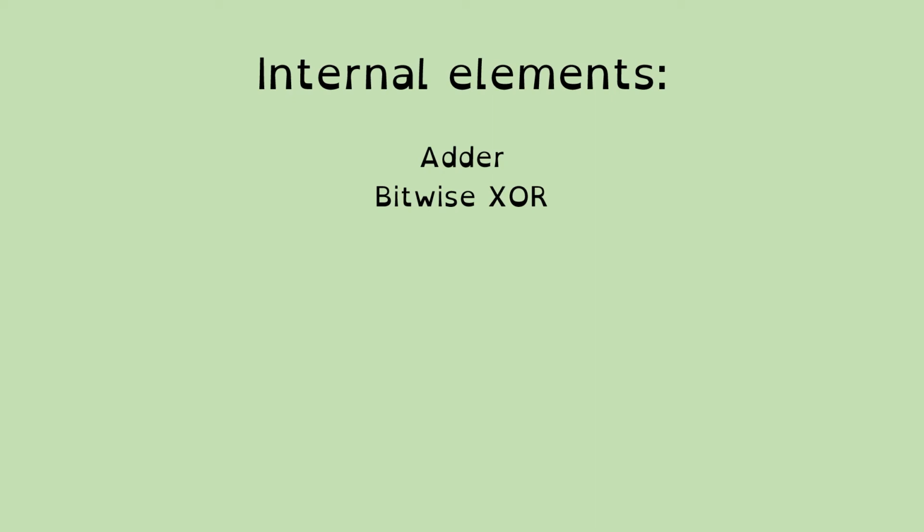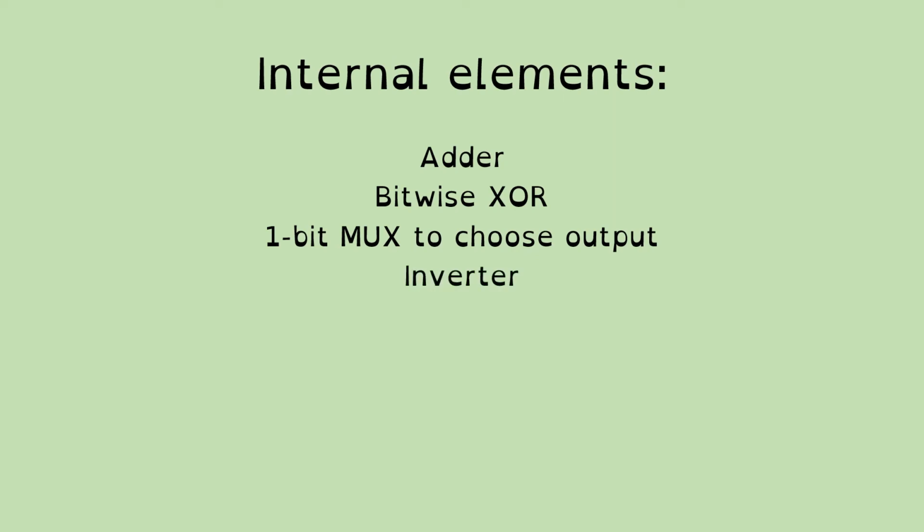And one way of choosing, which is quite cheap in terms of hardware, is not necessarily the cheapest in terms of power, but it's a legitimate choice for us in the size that we're working, which is to actually do both and then choose which output we're going to use. So we're going to use a 1-bit multiplexer to choose the output. We're going to feed our inputs into both the adder and the bitwise XOR and then choose which output we're going to use.